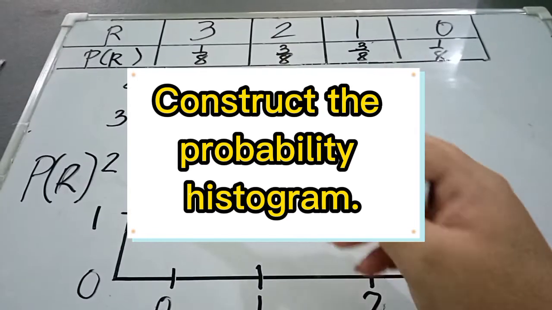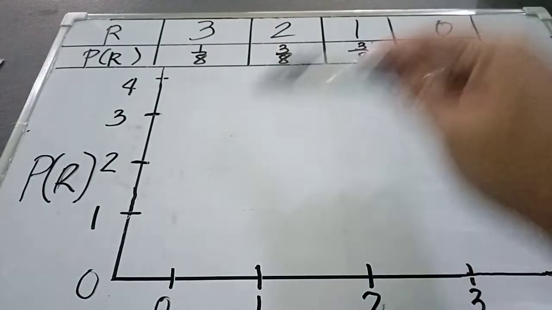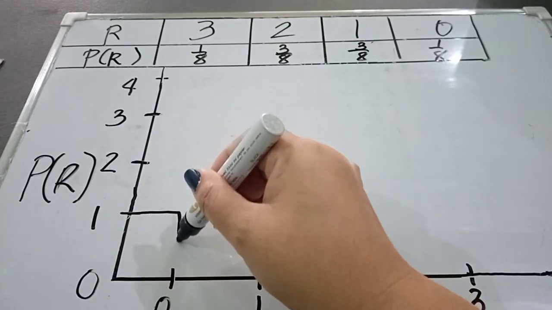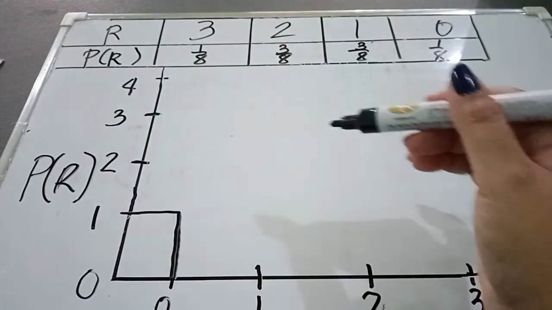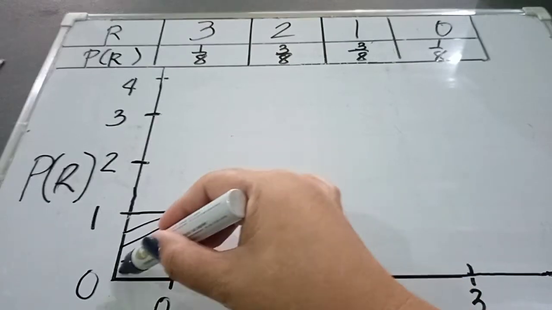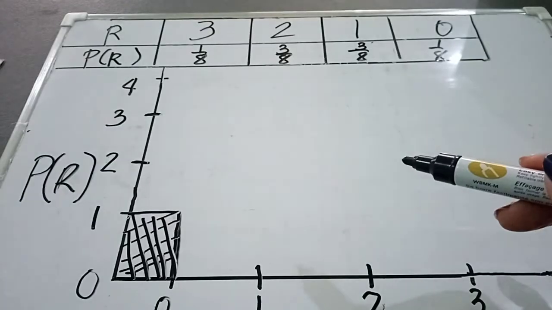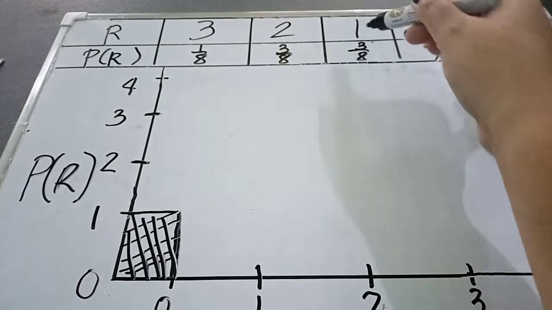We have here 0, with a height of 1 over 8. Then we have 1, such that it is 3 over 8.